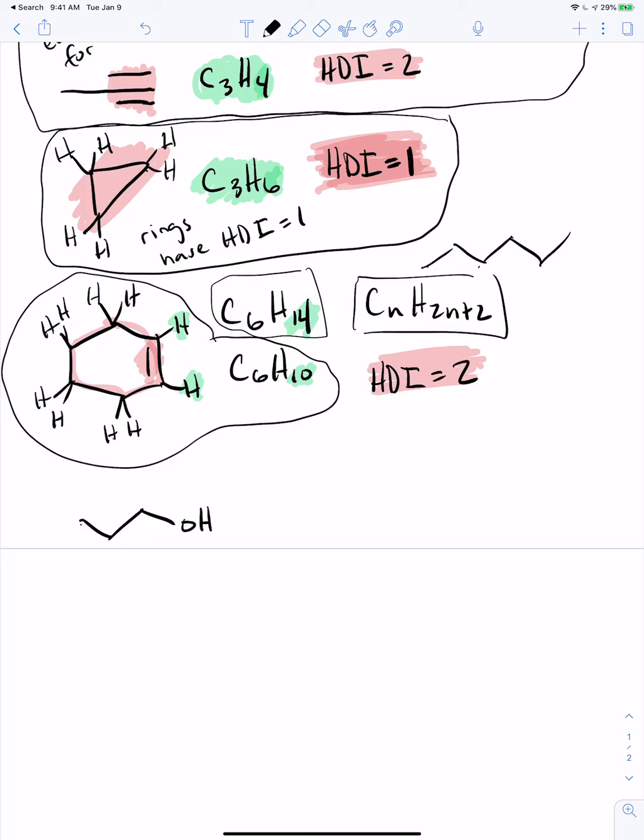So if we look at this molecule, for example, we could say, well, how does having OH in the molecule affect the hydrogen deficiency index? And so we can compare it to the parent. So this is the alkane. And then we can just come down here and look, and we could say, well, we've got 3 of these, 4, 5, 6, 7.